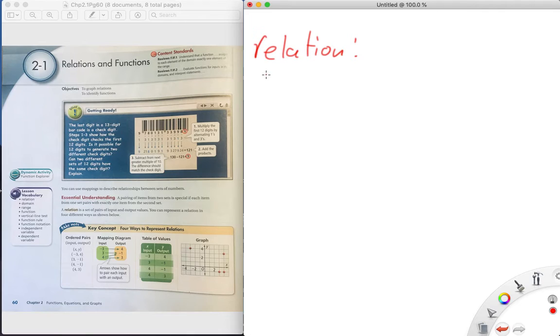So a set, meaning a group, of input and output values.